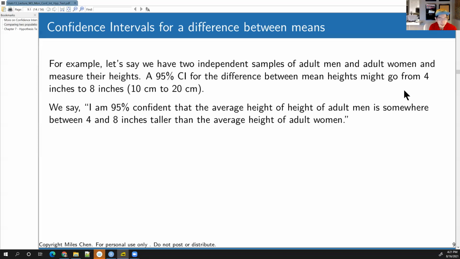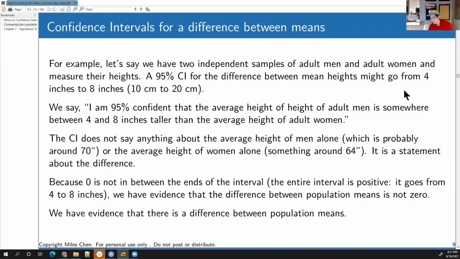What is their height difference? The average man versus the average woman, what's their height difference? What we're saying is we're 95% confident that their height difference is somewhere between 4 and 8 inches. That the average man, if such a thing existed, would be somewhere between 4 inches taller and 8 inches taller than the average woman.